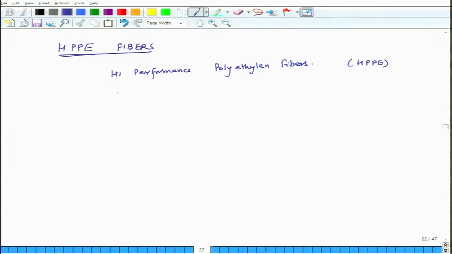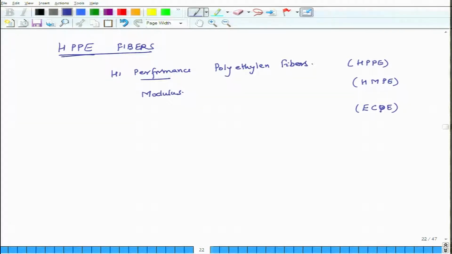Sometimes we also call them HMPE. Okay. So, what is M? M stands for, instead of performance, here we have modulus, high modulus. Okay. And another name for them is ECPE. So, these are all common names, it is useful to know that.